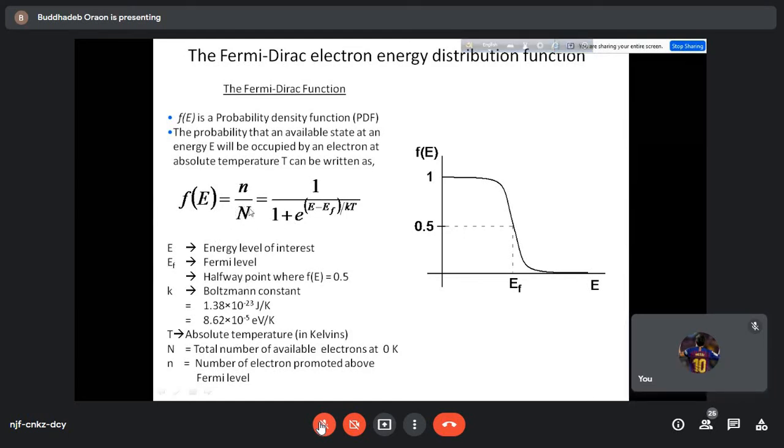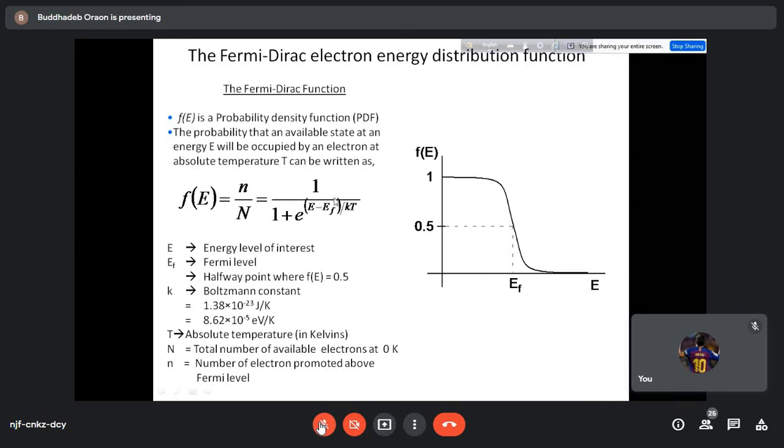So probability means, let us say we have capital N number of available electrons at absolute zero, and if we increase the temperature above absolute zero, it may so happen that some of the electrons will absorb energy, and they will be at a higher energy level. And here comes the idea of free electrons.